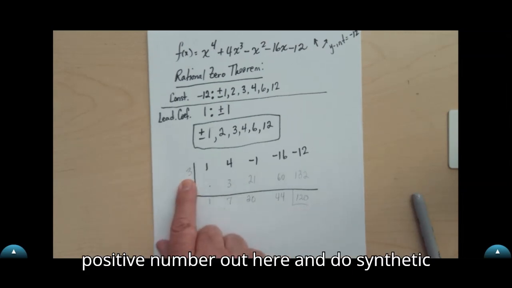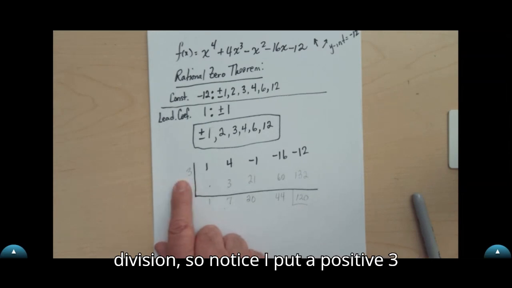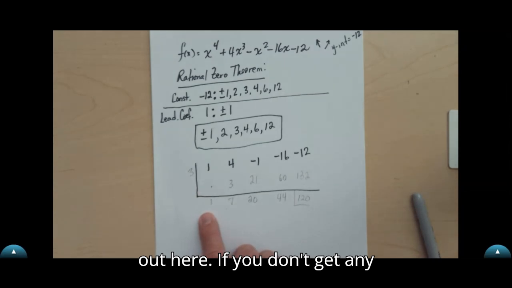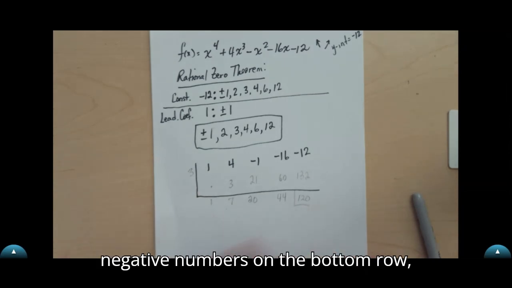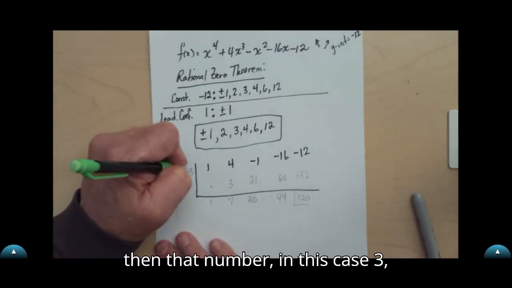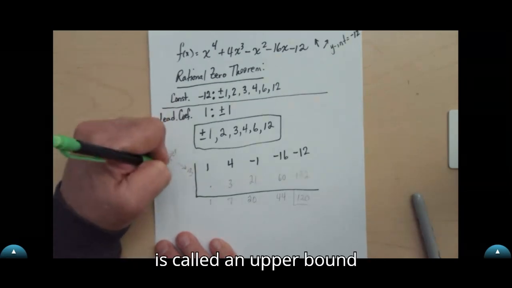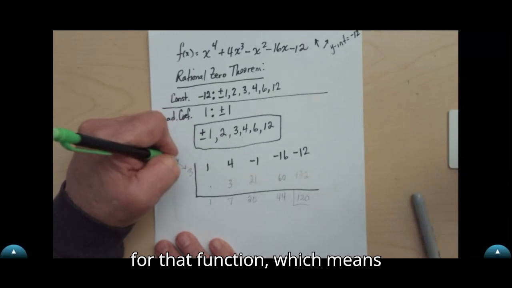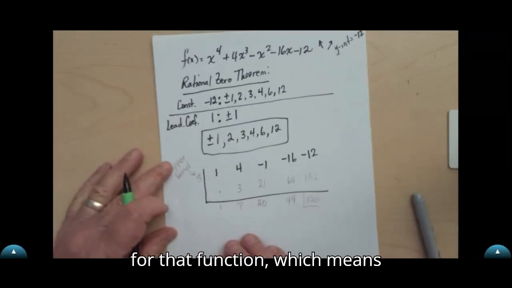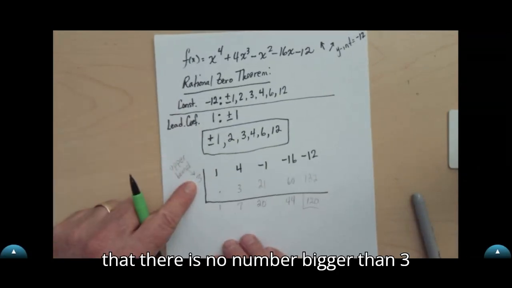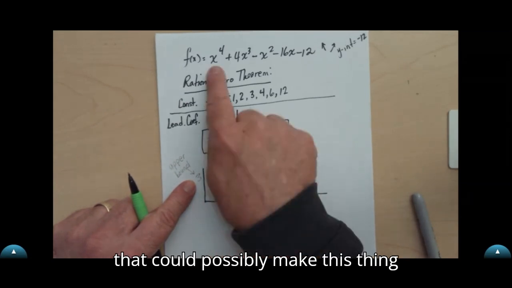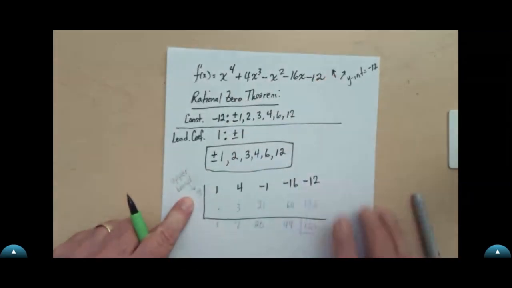Anytime you put a positive number out here and do synthetic division, so notice I put a positive 3 out here, if you don't get any negative numbers on the bottom row, then that number, in this case 3, is called an upper bound for that function, which means that there is no number bigger than 3 that could possibly make this thing 0.